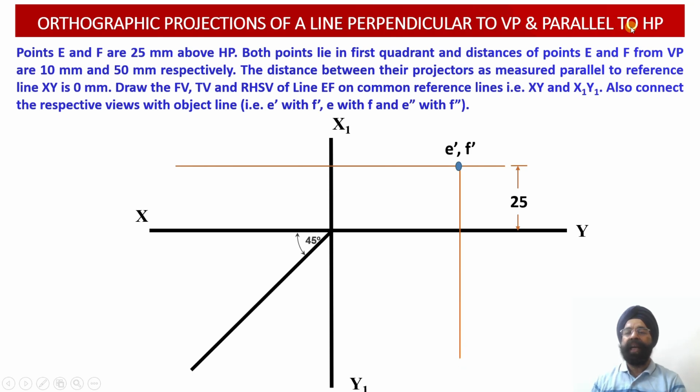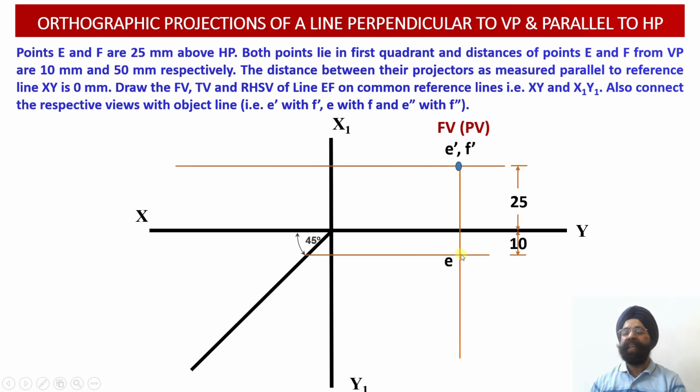So I know that the distances of the points E and F from the vertical plane happen to be 10 millimeter and 50 millimeter respectively. So I can mark a distance of 10 millimeter below the XY reference line. Why? Because the distance of the point E from the vertical plane happens to be 10 millimeter.